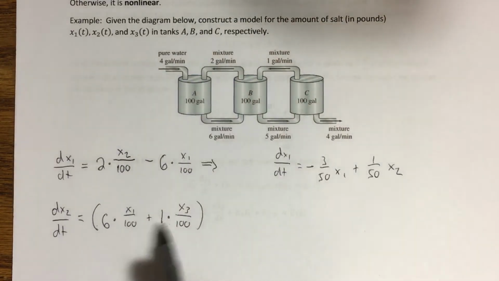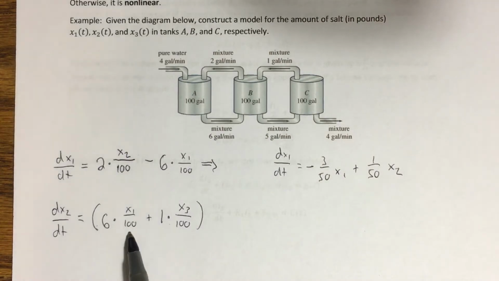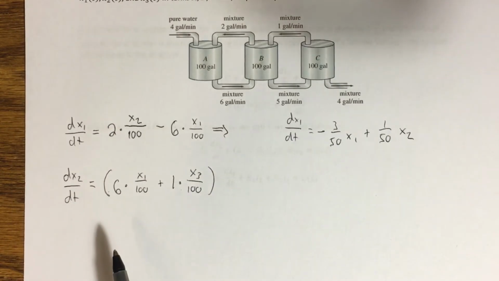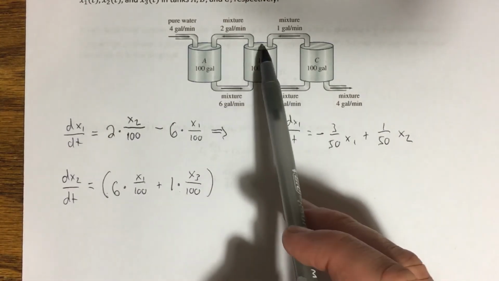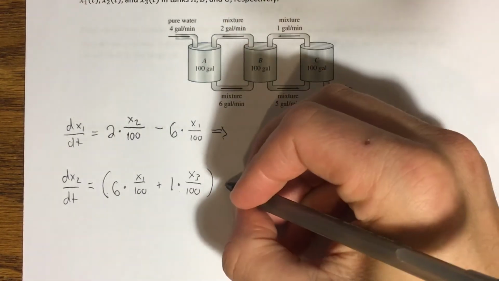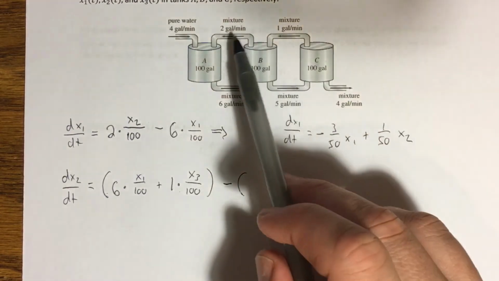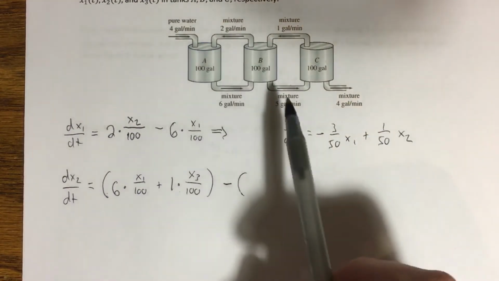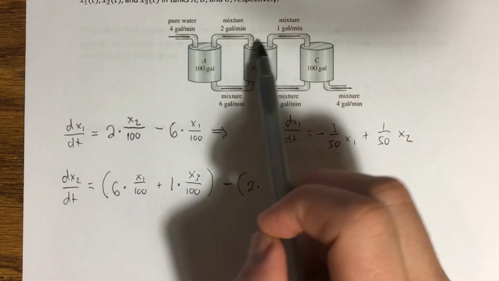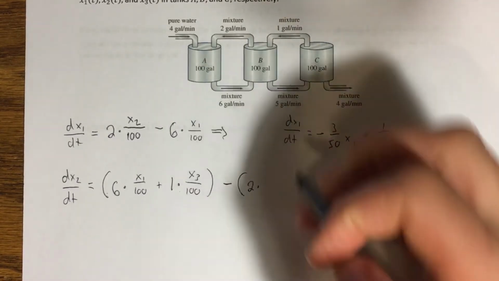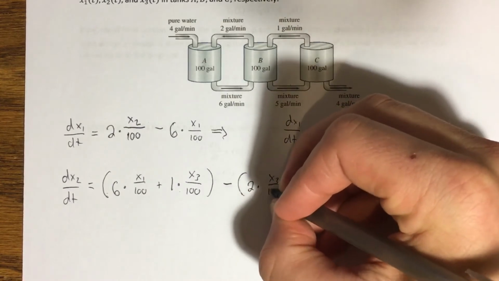This is the net inflow, the total of these two inflows. Now, what about my rate out? Remember, we subtract the rate out, but that's split across these two different outflows. So 2 gallons per minute times, where is this solution coming from? Tank B, where the concentration is x2 over 100.